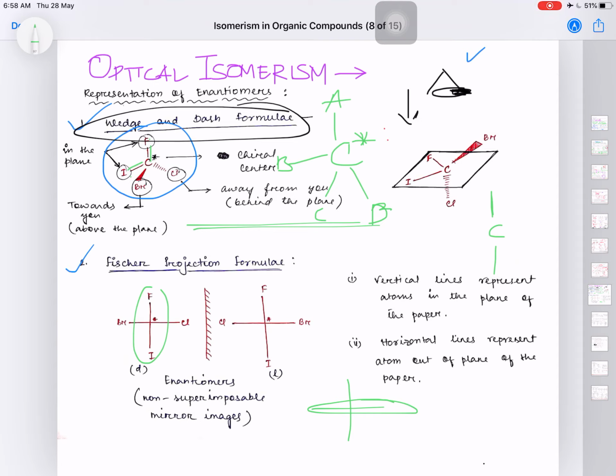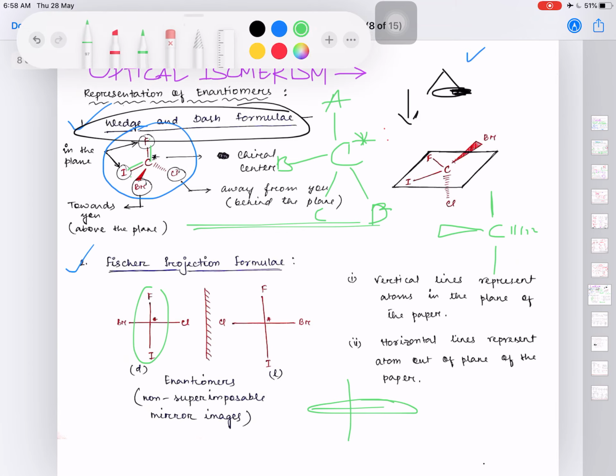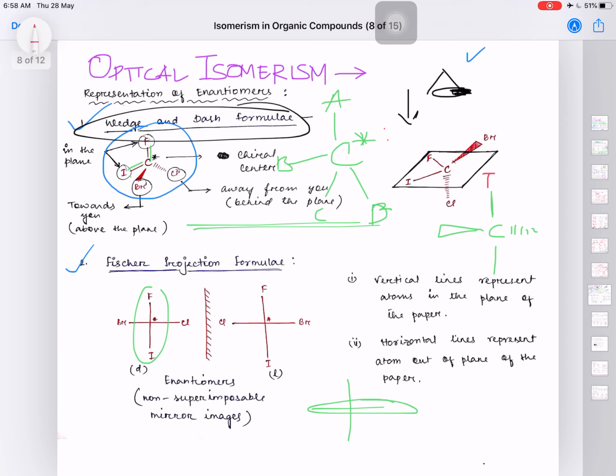And this bromine that is towards you, above the plane, we'll draw on this side, and the dash we'll draw on this side. So it is like this. You will get fluorine here, iodine here, chlorine here and bromine here. So this notation is called a Fischer form, the Fischer projection formula.